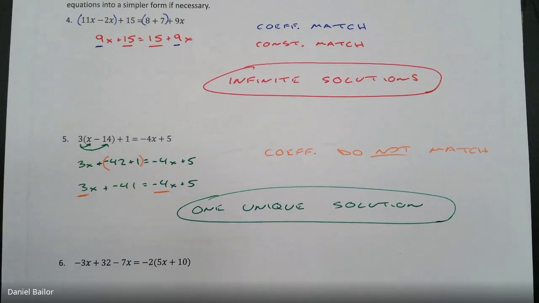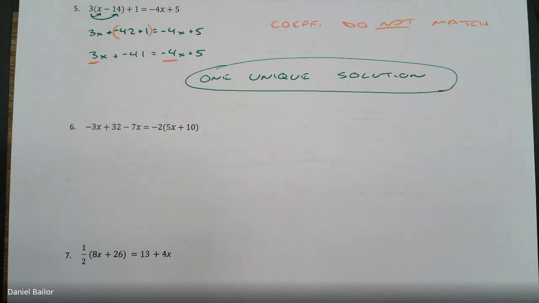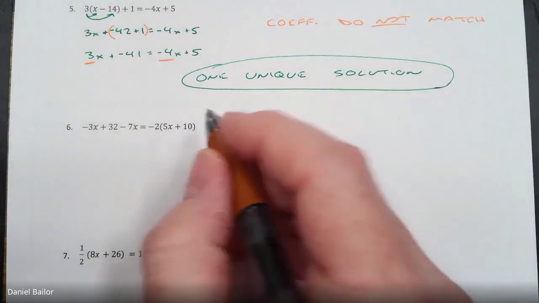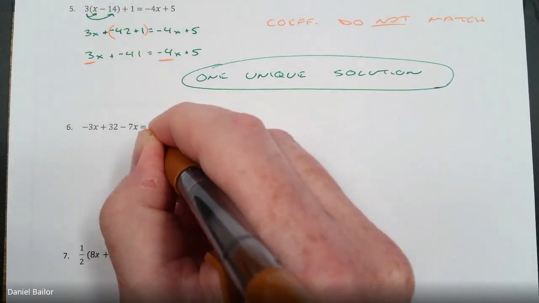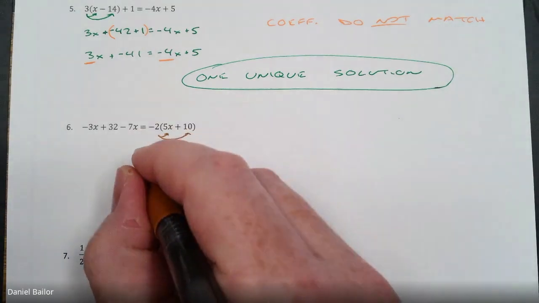Let's see what's going to happen for number 6. Number 6, you can see that we have a few steps we have to do to simplify, to make it a little bit easier. So let's start by using the distributive property to pass the negative 2 on this side to everything in the parentheses.